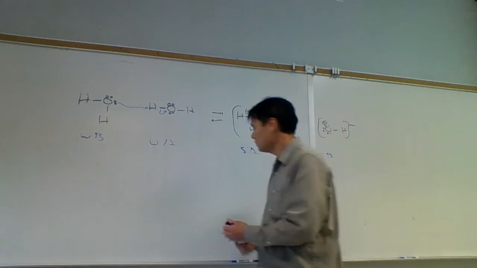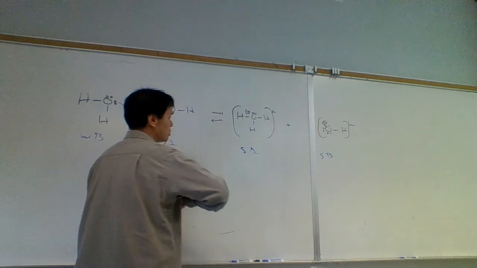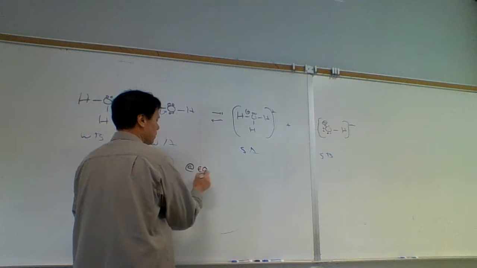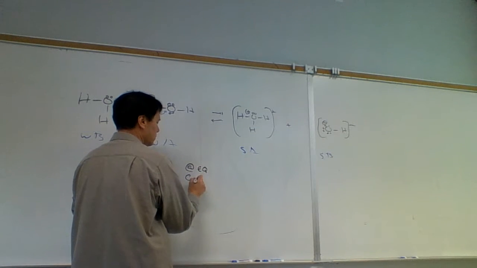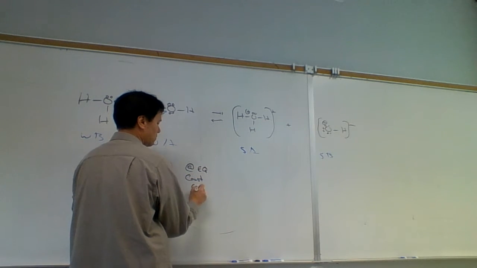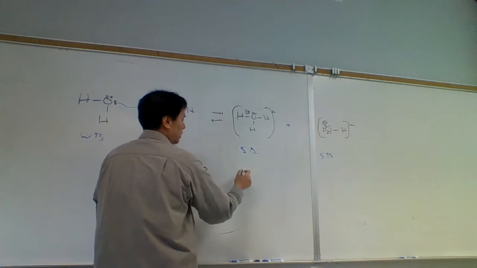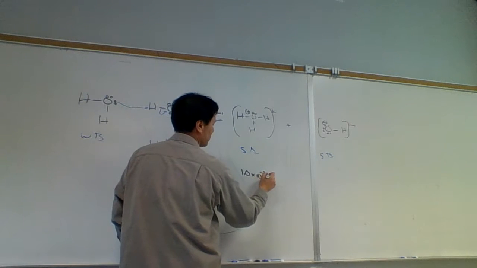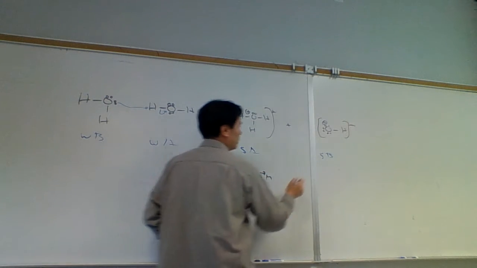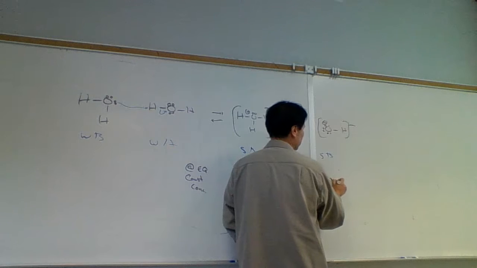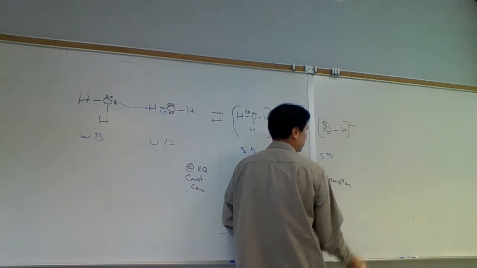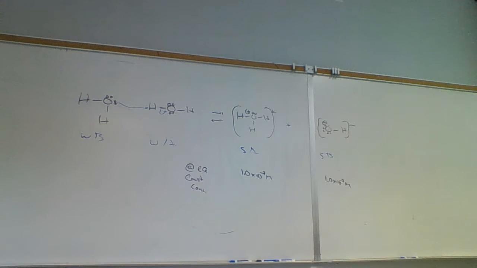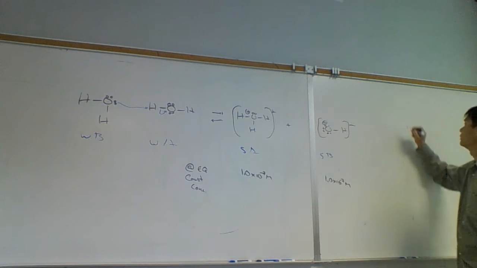And so at equilibrium, we can measure these concentrations. We have a constant concentration. The concentration of hydronium is 1.0 times 10 to the minus 7 molar, and the concentration of hydroxide is 1.0 times 10 to the minus 7 molar. It turns out that when we multiply the hydronium and hydroxide concentrations, the product is also a constant.